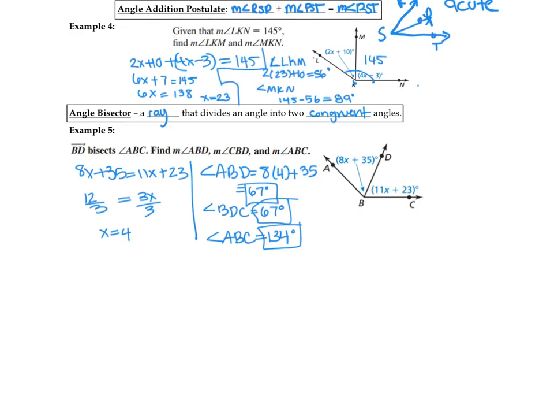I plugged in the 4 and I got 67. Instead of trying to plug that into the second one, I already know that these two are going to be the same because it tells us that BD bisects the angle. So if it bisects it, both of them are the same. There's no need to do all the extra work if you know that information. So I also know that angle DBC is also 67 degrees. If both halves are 67 degrees, then I know that my entire angle is going to be 67 plus 67, which is 134 degrees.